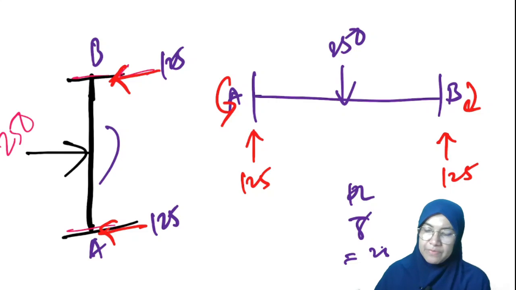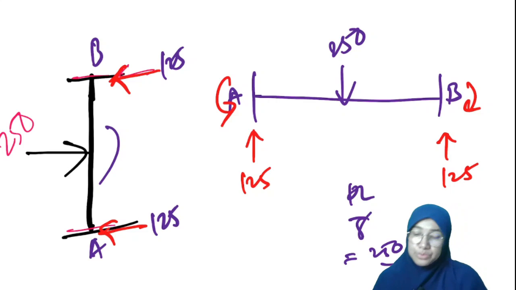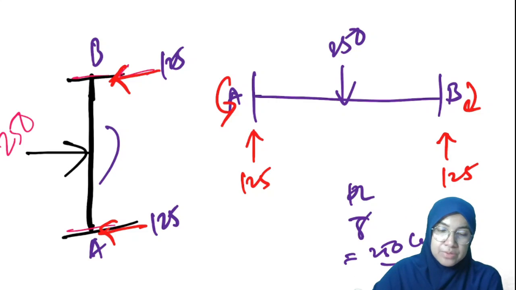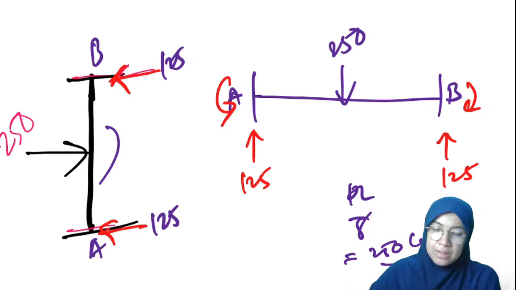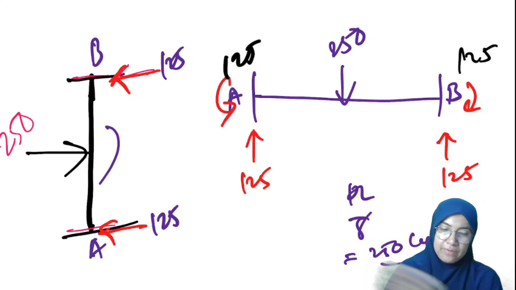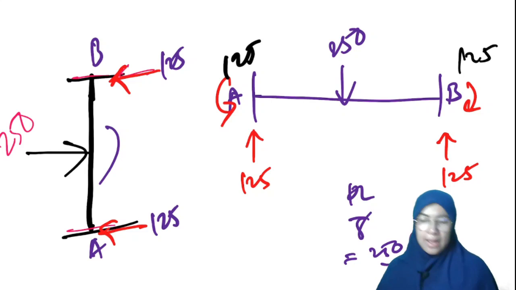P is 250, length is 4 meter, divided by 8. It is also equal to 125. So this is 125, 125.